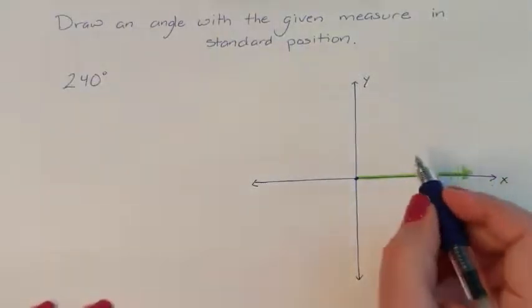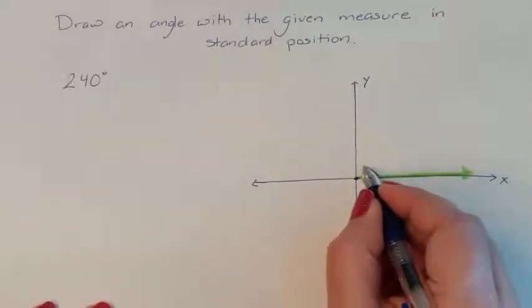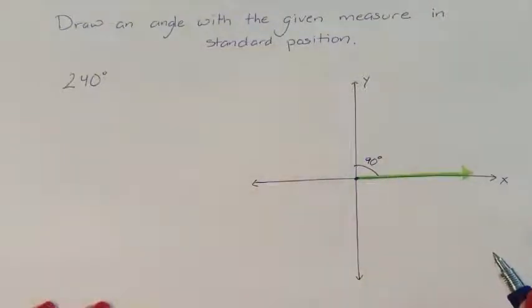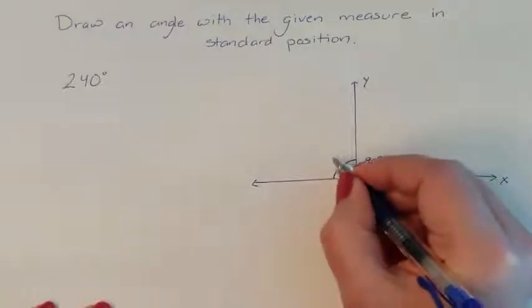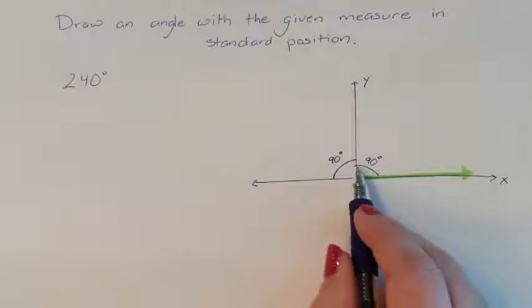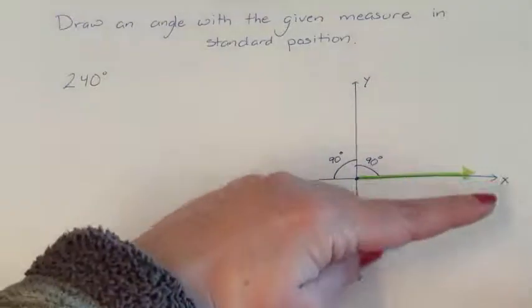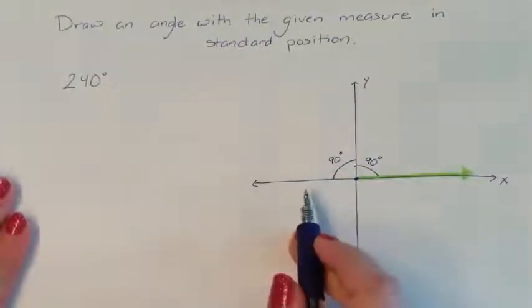So I know that if I go from my current initial to here, I have so far a full 90 degrees. If I go another quarter rotation, I've gone another full 90 degrees. So if I went 90 and another 90, I could take my terminal and rotate it all the way around, and I've only gone 180 degrees.